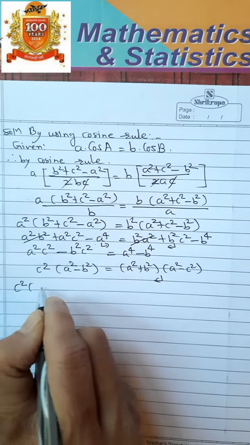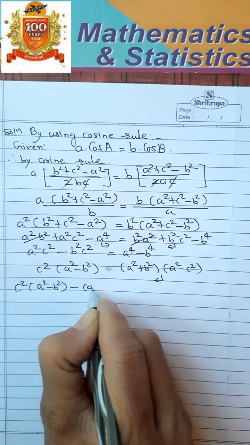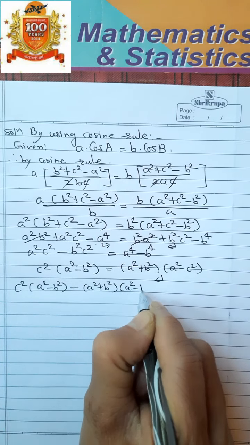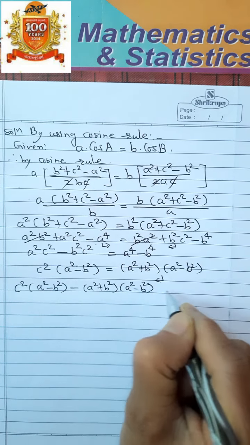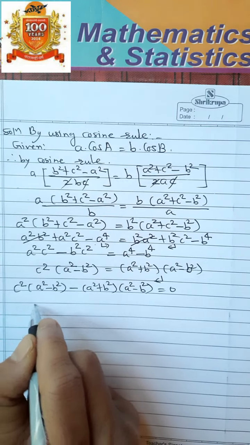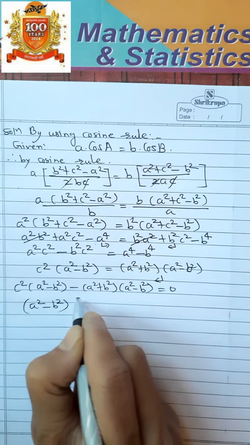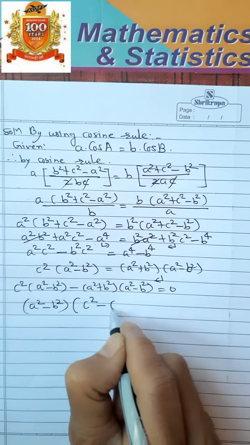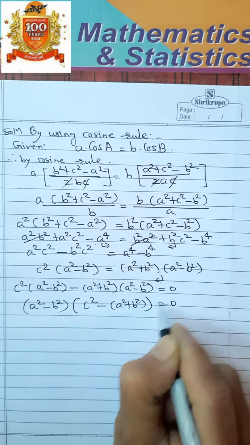C square into bracket A square minus B square minus A square plus B square into A square minus B square is equal to 0. Now take out A square minus B square as common. In bracket we have C square minus bracket A square plus B square is equal to 0.